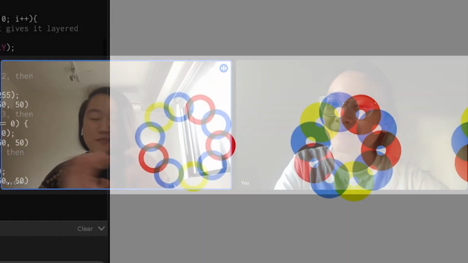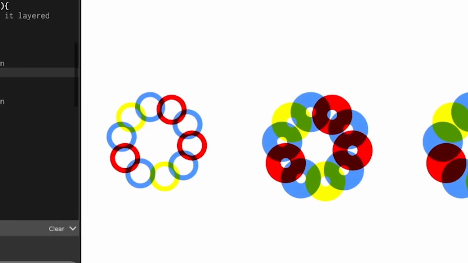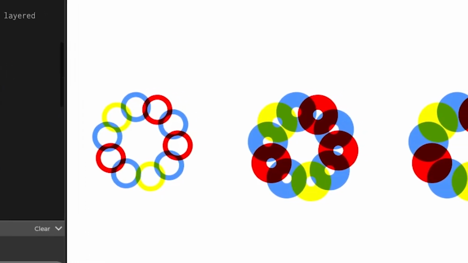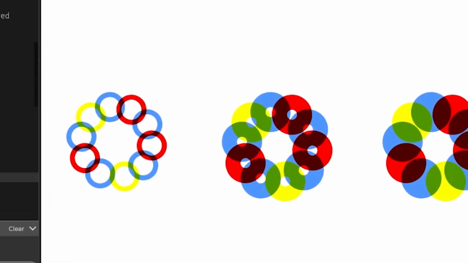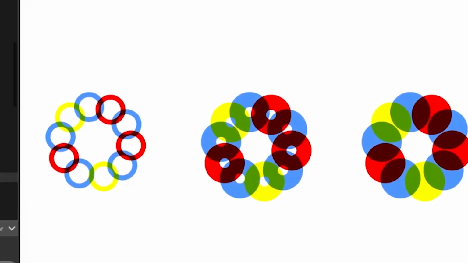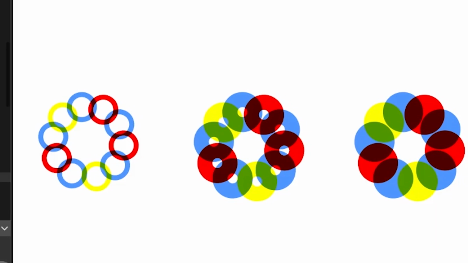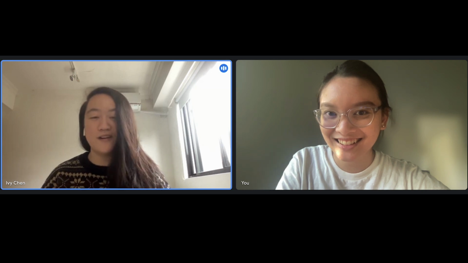I wanted to create a bunch of patterns for the Christmas holiday season. So I mostly used blend mode in p5.js to create overlapping layers and colors to create the Christmas wreath pattern. I'll be taking you guys through that tutorial in the next segment.